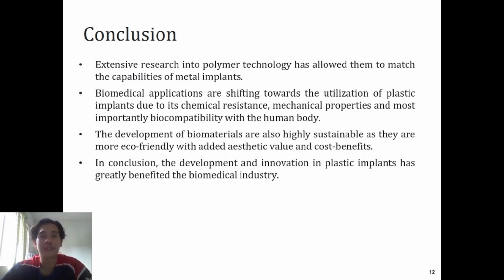In conclusion, the development of plastic implants has benefited the whole biomedical industry.